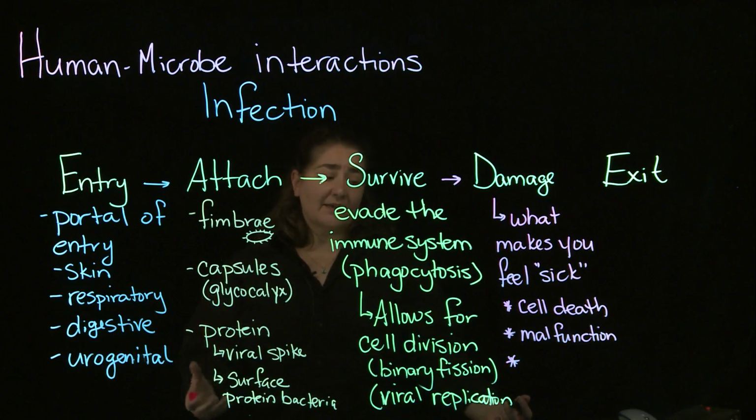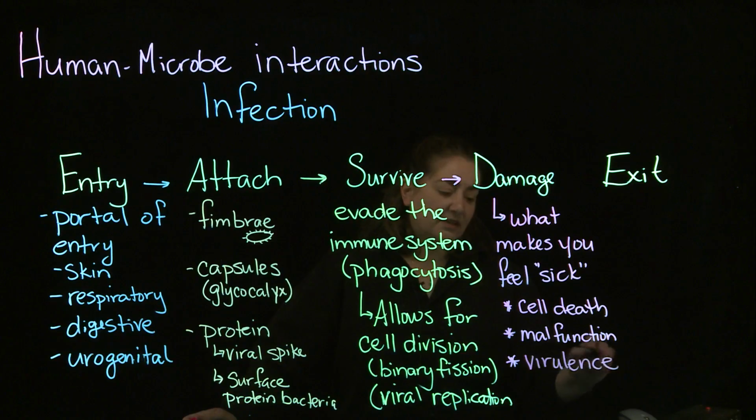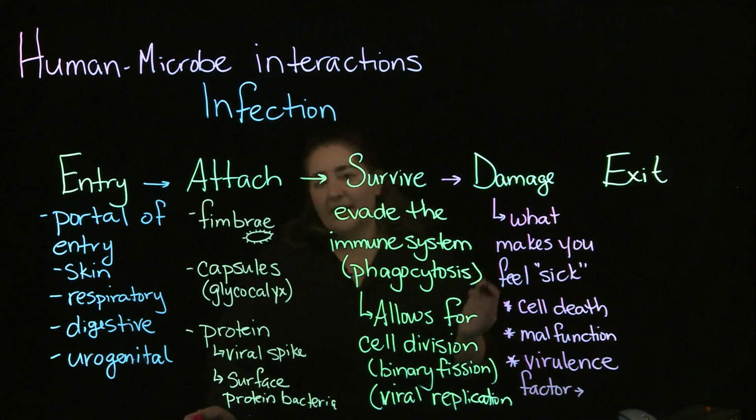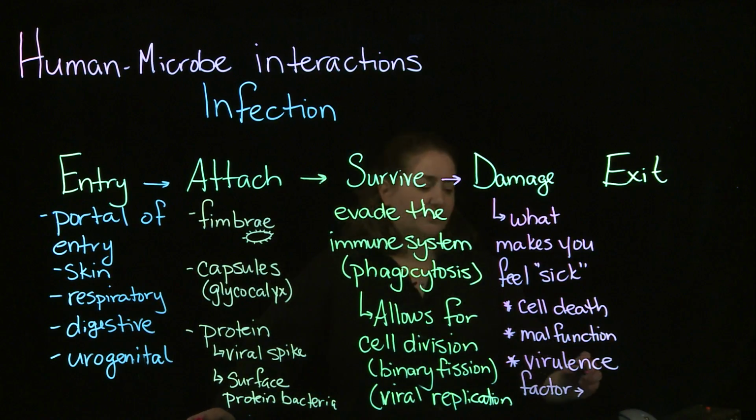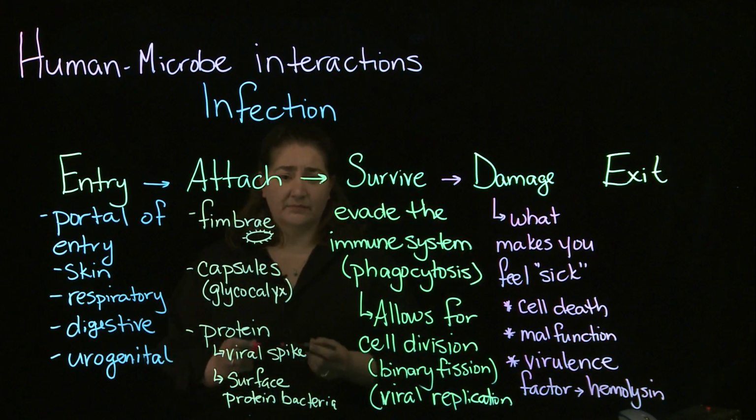And in terms of that, the way that strep pyogenes is causing damage is because it has what's known as a virulence factor. In the case of strep pyogenes, that virulence factor is a hemolysin, all right?